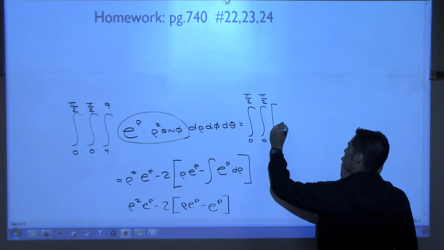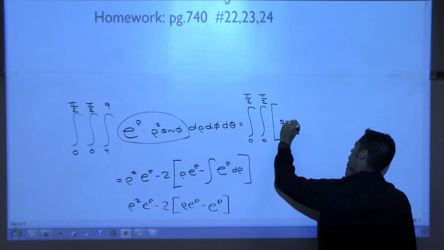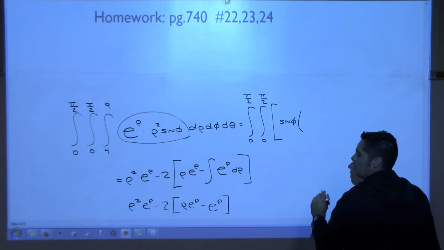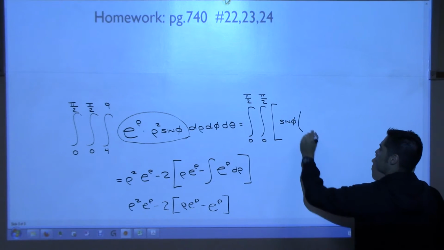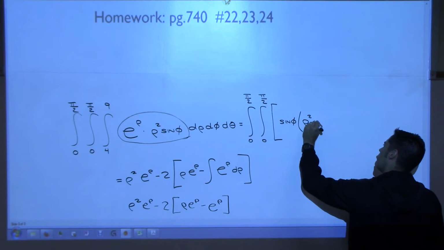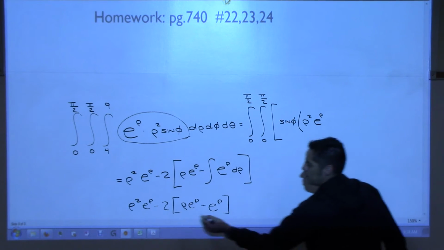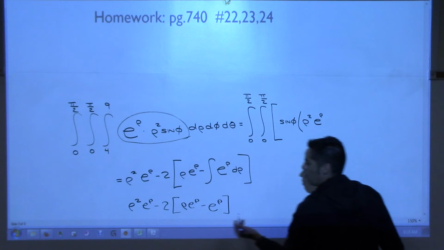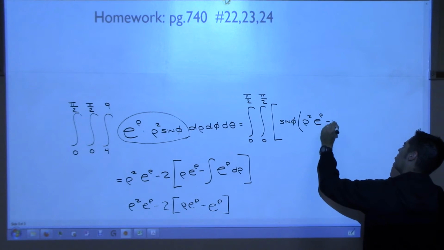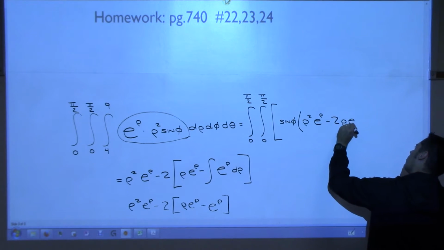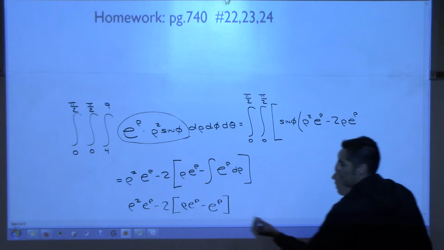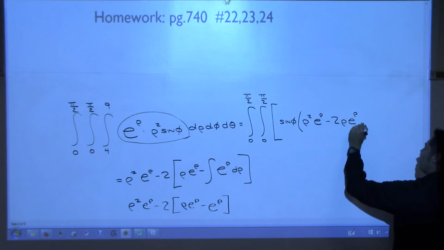So it'll be, I'll just put the sine phi here, sine phi times rho squared e to the rho, that's this, minus 2 rho e to the rho, and then plus 2 e to the rho.